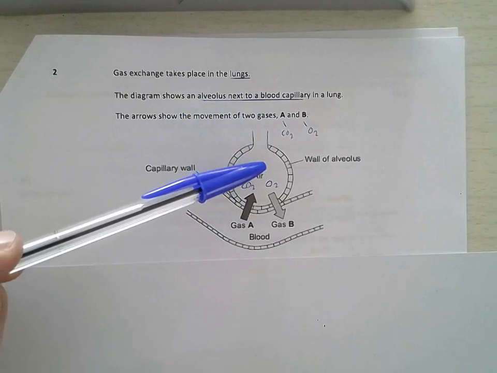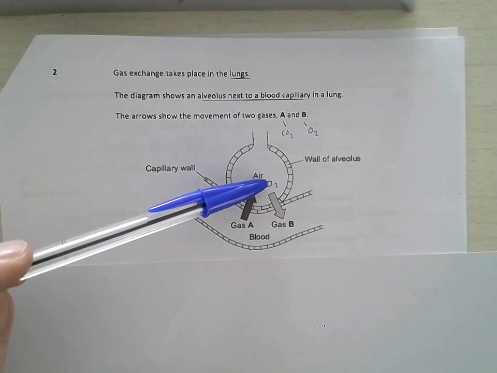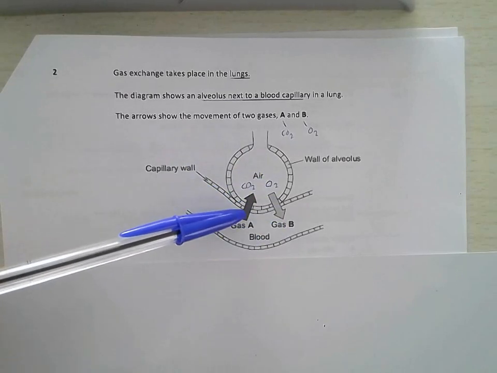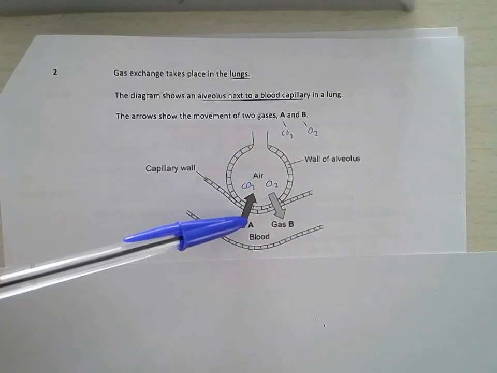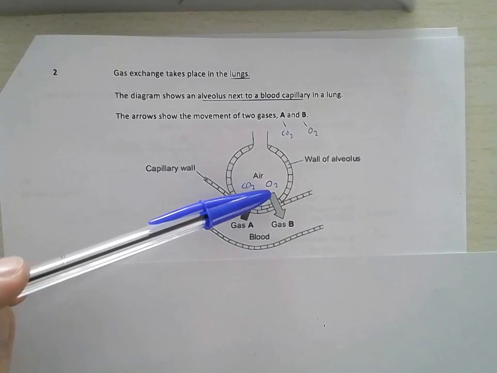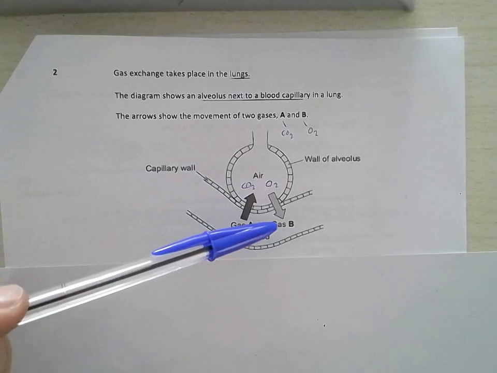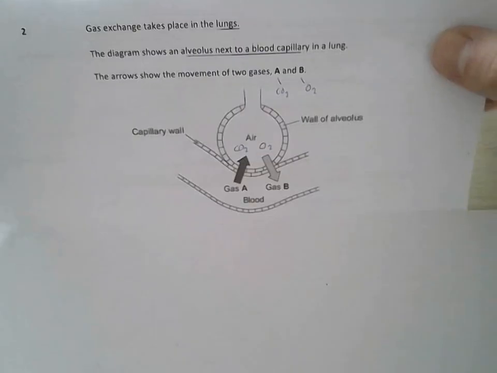At the same time, we breathe in air full of oxygen so we can get that oxygen into our blood. So gas A, going from the blood into the alveolus, is carbon dioxide, CO2, and gas B, going from the alveolus into the blood, is oxygen. That's going to help us with the next parts of the question.